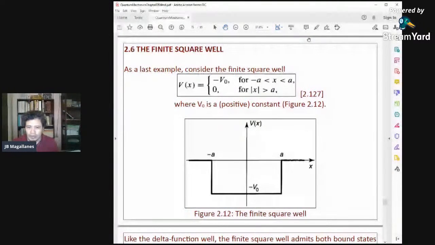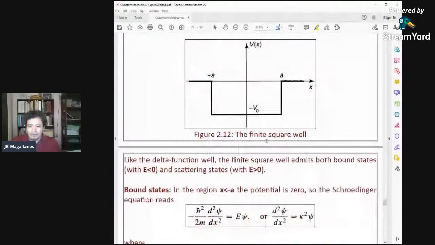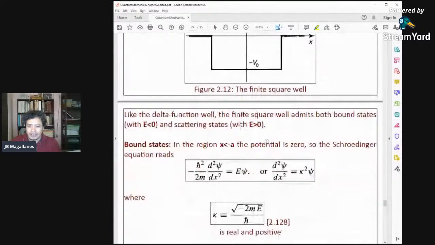When you flip on this axis, the potential would just be the same. So it's an even function. So here we can get the bound states as well as the scattering states.